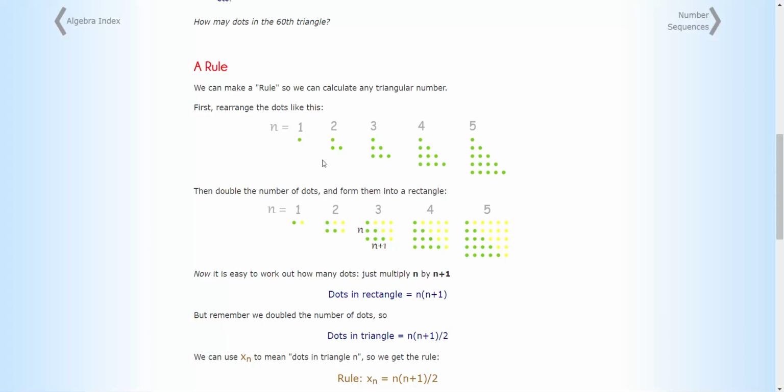If we rearrange the dots to look nice, then double the number of dots and form them into a rectangle. Now it's easy to work out how many dots. Just multiply n by n plus 1. So in this case it's 2 multiplied by 3, you get 6 dots.